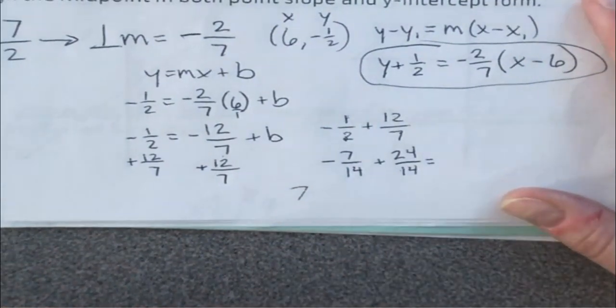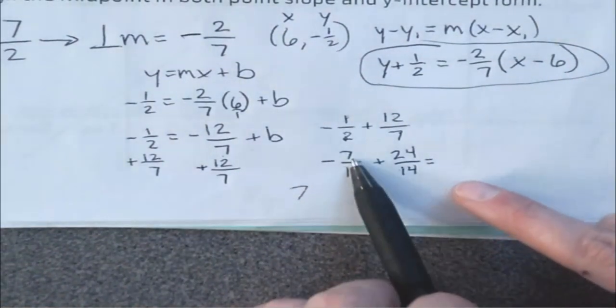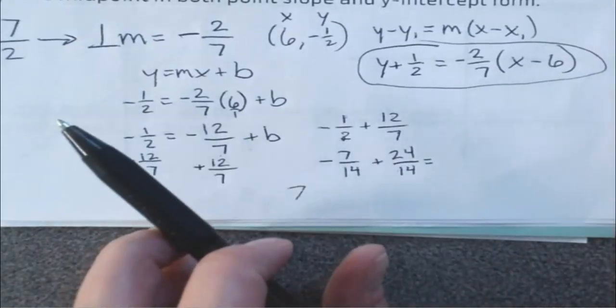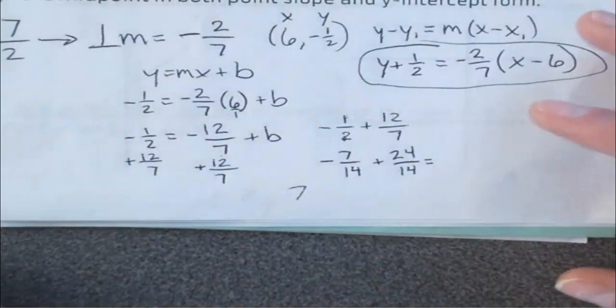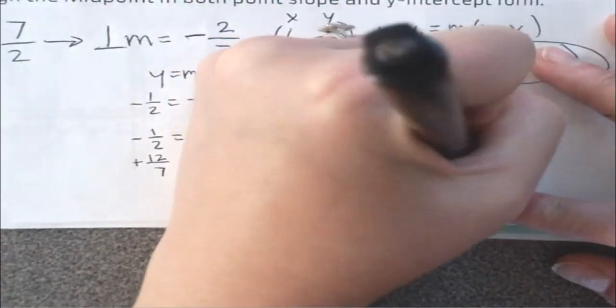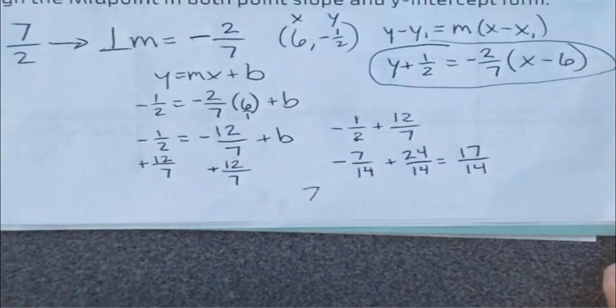And we are going to now add these. But this is a negative 7, and this is a positive 24. So essentially you are subtracting them. So 24 minus 7 is 17. Ooh, that's ugly looking, isn't it?